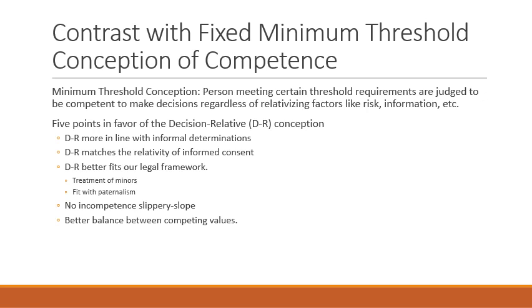And then finally, the authors argue that having this relativized conception brings about a better balance between competing values, again, the competing values of self-determination and individual well-being. And if you make an all or nothing decision at the level of just these fixed minimum thresholds, then it's just going to be a much cruder tool.